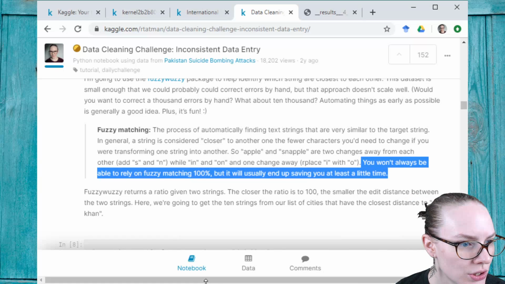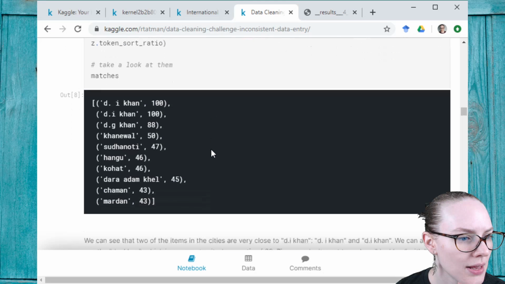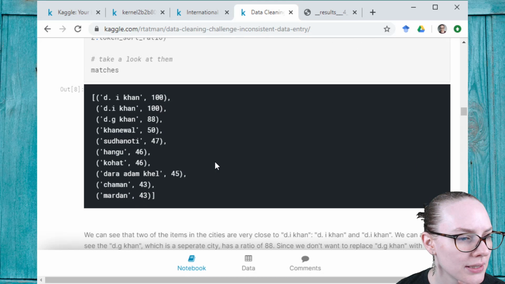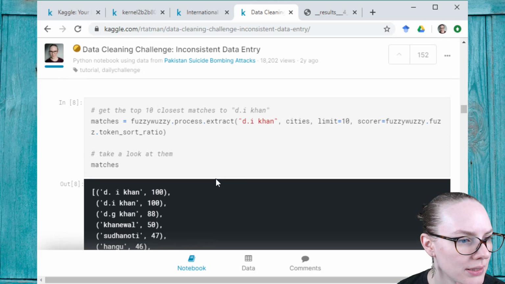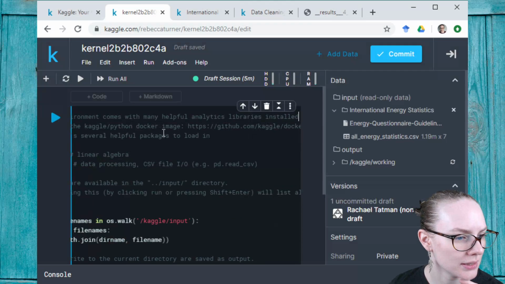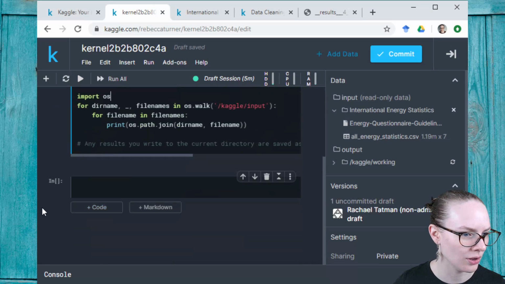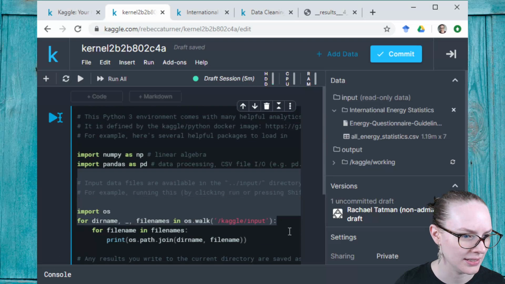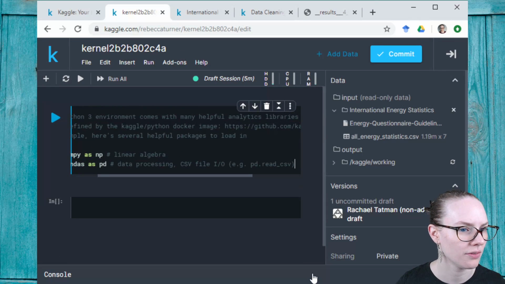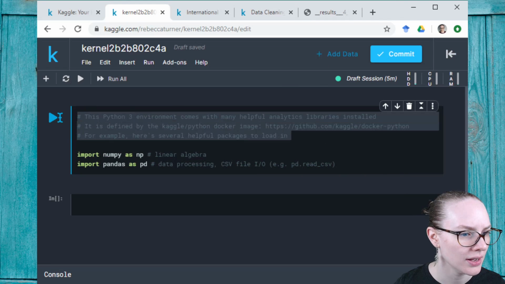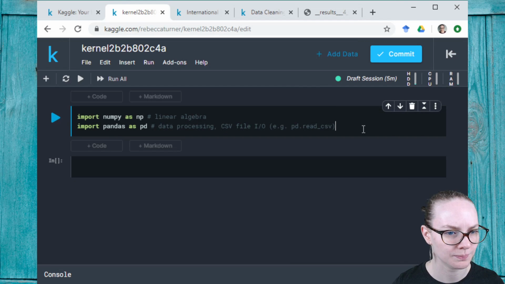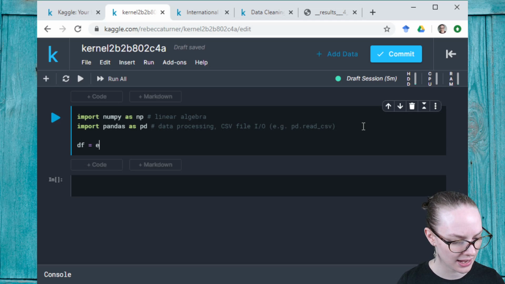All right, so let's start by loading in our data frame. I'm just going to get rid of all of this, don't need that right now. I'm just going to call it df.